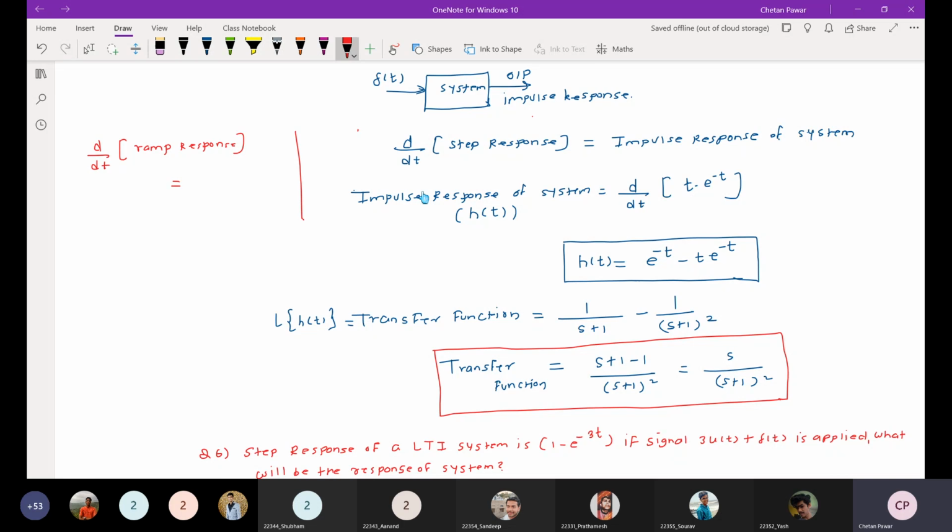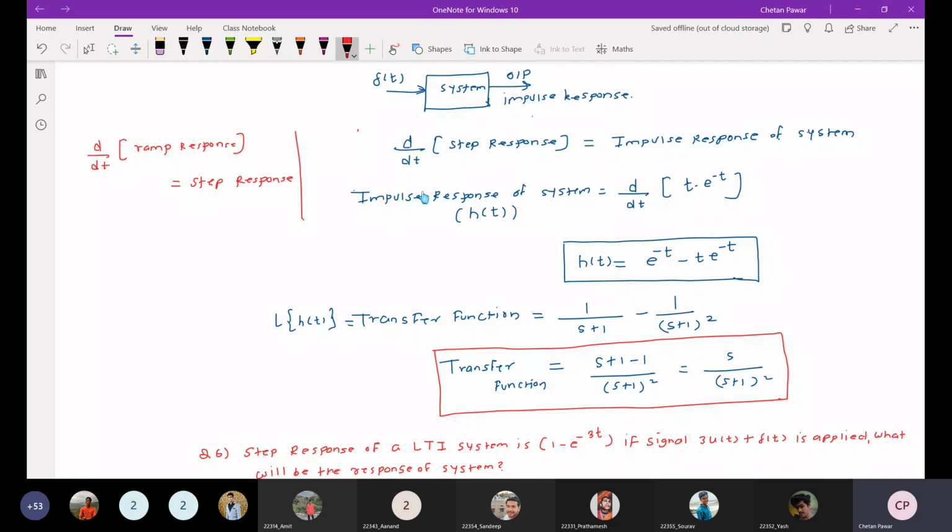Can anyone tell me? The ramp response means when we apply a ramp signal to the system. So what will we get? The unit step response. Yes.